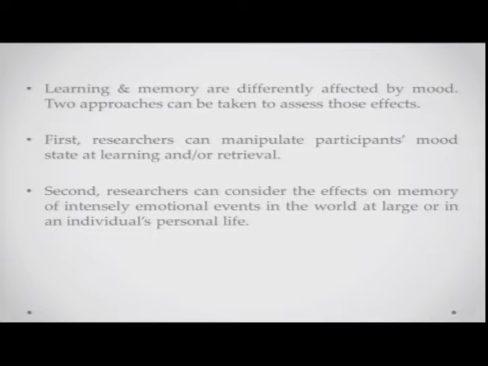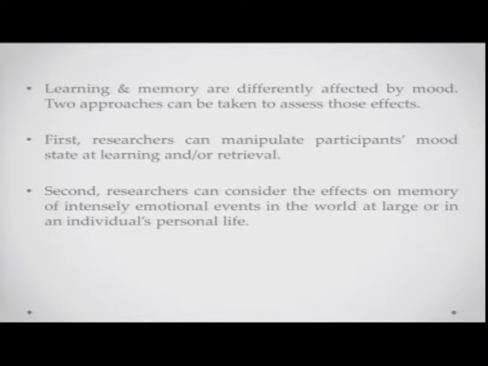Now learning and memory are directly affected by mood as well, and there are 2 approaches you can take in trying to understand this interaction. The first is that researchers can manipulate a participant's mood state at learning time or at retrieval time. The second is that researchers can consider the effects on memory of intensely emotional events that have happened in the world at large, or in the individual's personal life.